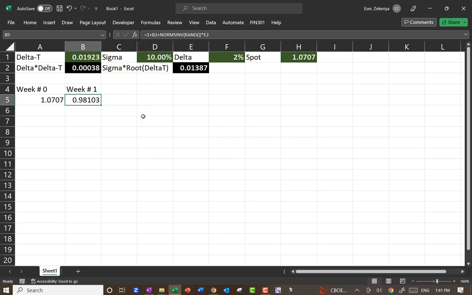You can think of that as 1 plus the percentage change we randomly generated, and we're going to multiply that with the previous week's price. And I'm going to make sure that these references are absolute.